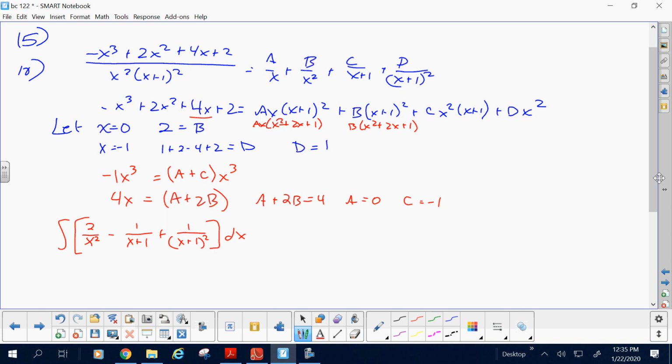Then it's just integrating, differentiating between power rule and logs. The first one, is it log or power rule? Power rule. So it's negative 2 over x, yeah? And the second one is log. And the third one is back to power rule. What's the third antiderivative?